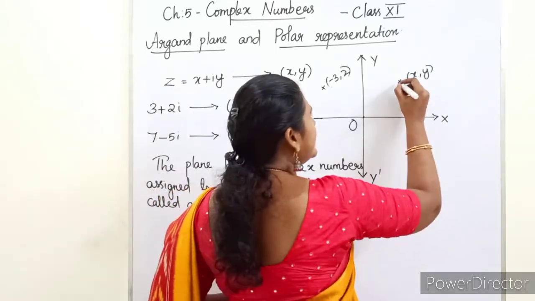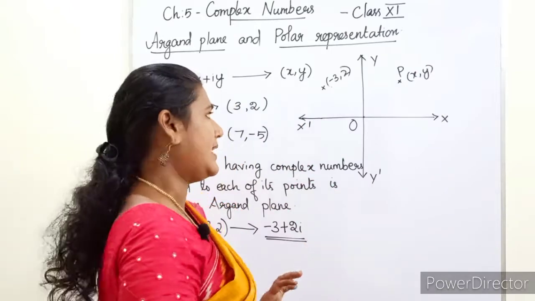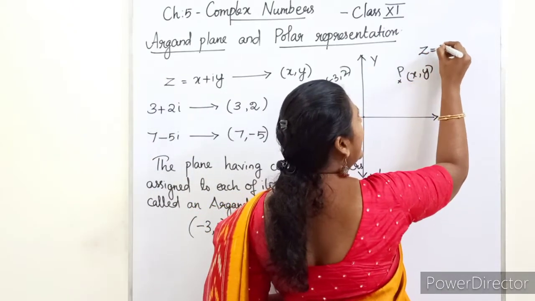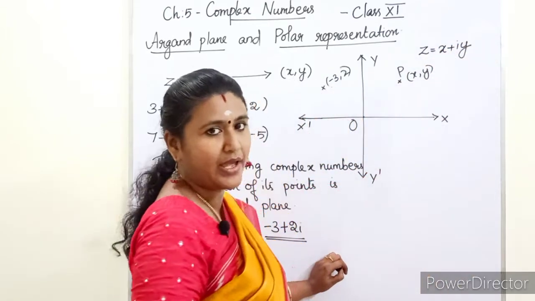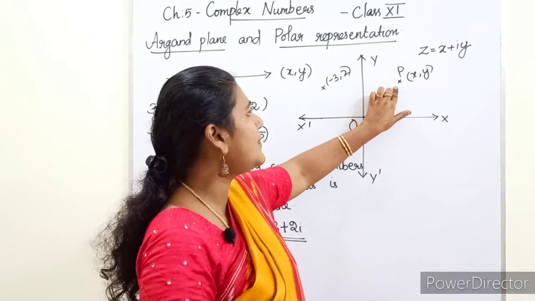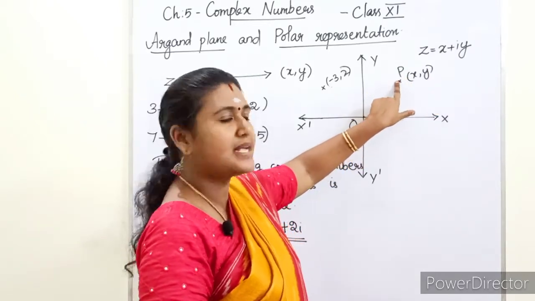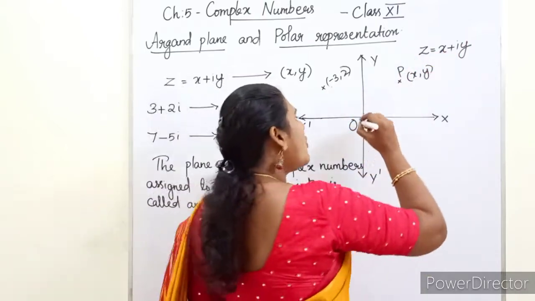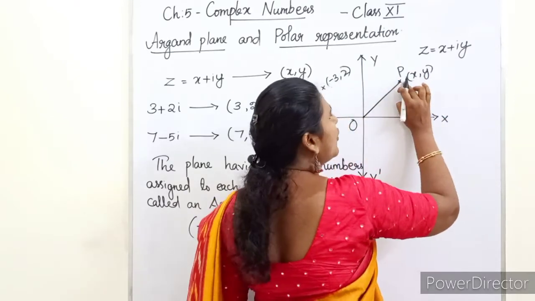Now if we consider a point P(x, y) on this Argand plane, then corresponding to this ordered pair we will have a complex number, that is z equal to x plus iy. Now what is the distance of this point from the origin, that is the OP distance?